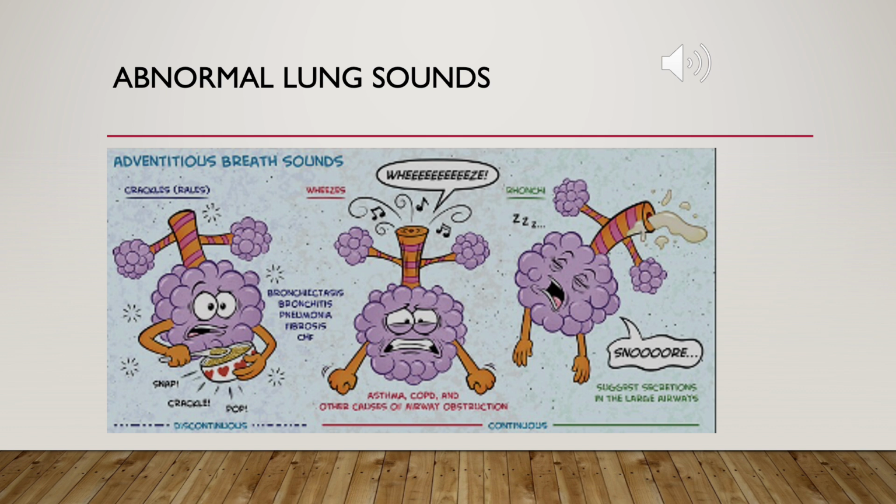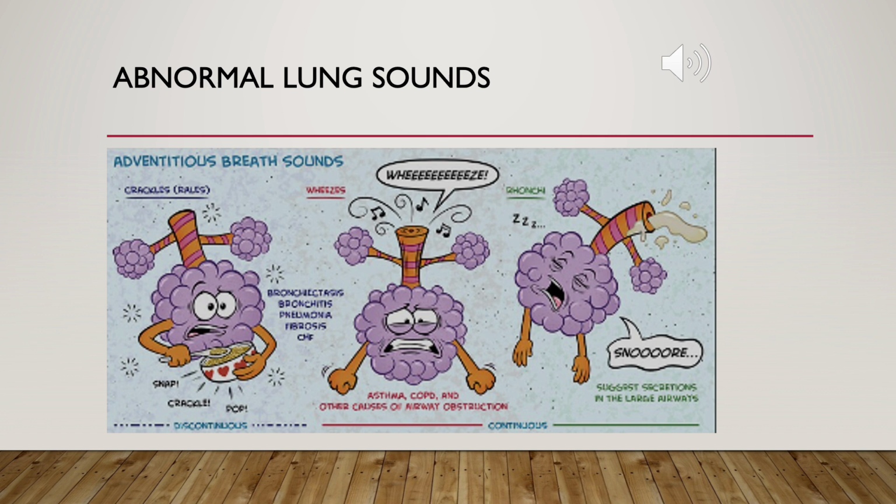Wheezes are indicative of air moving through a restricted airway. So think asthma, COPD. They can be on inspiration or expiration, and they could have mucus involved as well. Low pitch wheezing is called rhonchi. Usually you'll hear that in the bronchial areas, and it may clear with coughing.